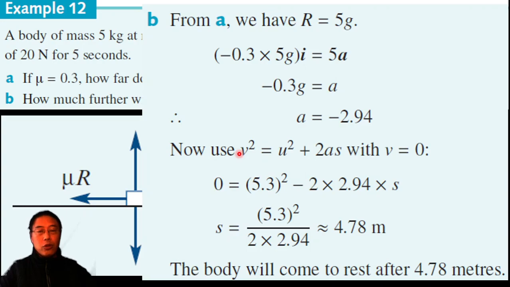You use your constant acceleration formula. You're going to use v equal to 0 because it's a full stop, and you're going to use u from part A, and you solve for s, and that gives you the distance after it comes to a rest. And that's it for this.